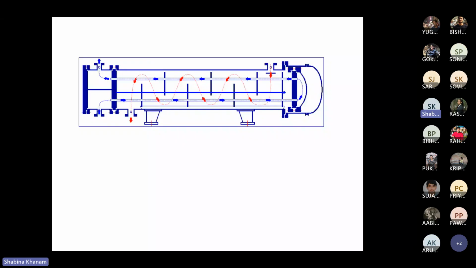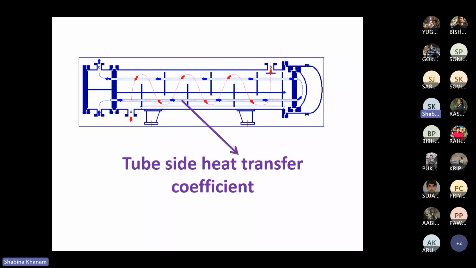Okay, I hope it is visible clearly now. We are at the tube side heat transfer coefficient slide. Yes? Okay, thank you. Just a moment, I'll start.